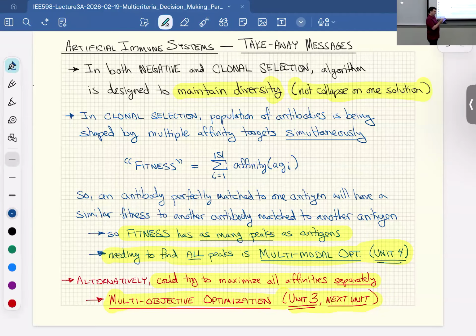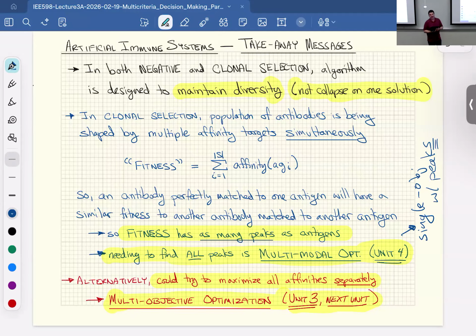Yeah, so multimodal is single objective, but that single objective has multiple peaks. Whereas for multi-objective, you could ask somebody what type of car they like, and it turns out that there are 8 different types of cars that they would like equally well.